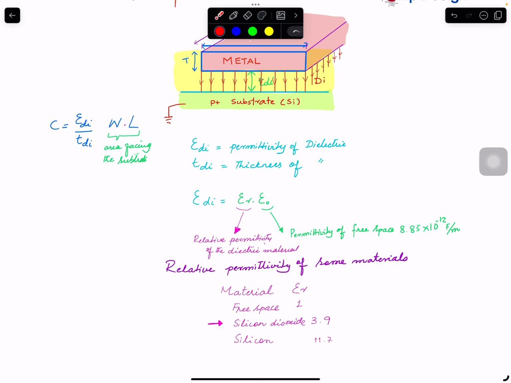Once you pick a material and a thickness, if this thickness gets bigger, capacitance gets smaller. And if the width gets bigger, the area gets bigger, there will be more capacitance. So you need to reduce area if you want to reduce the capacitance, or increase the thickness. Remember these two things.